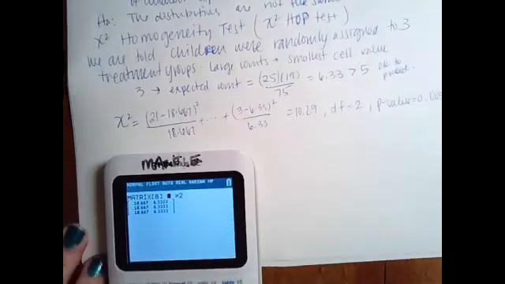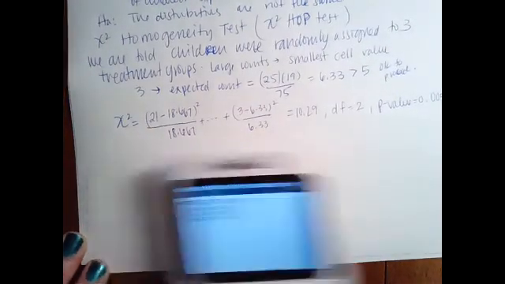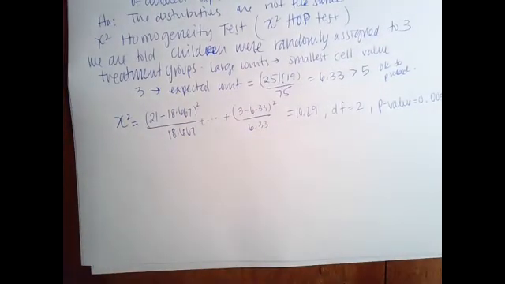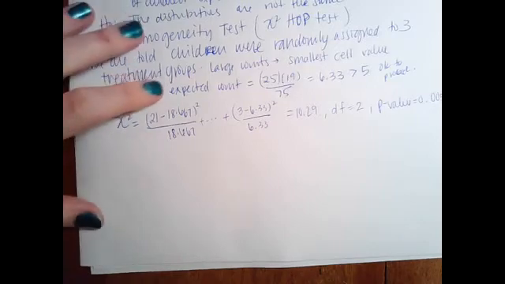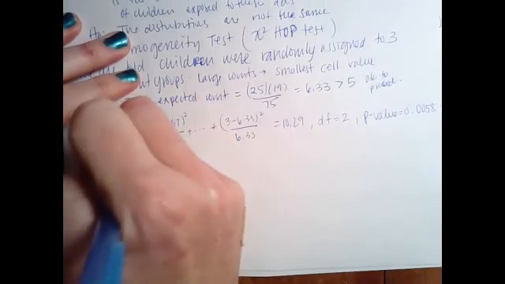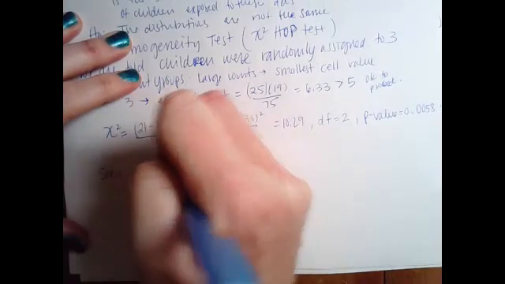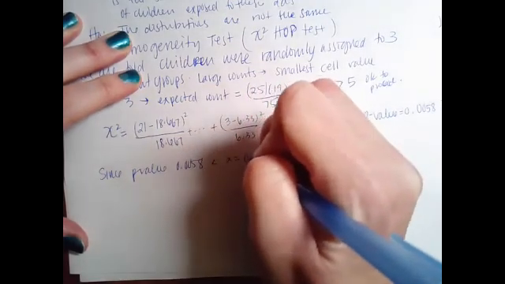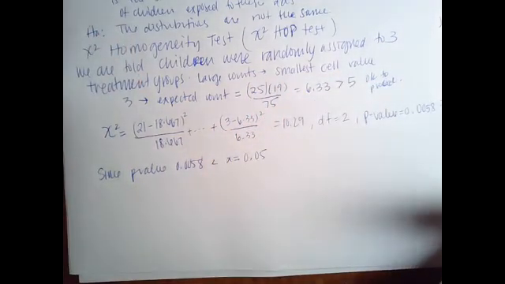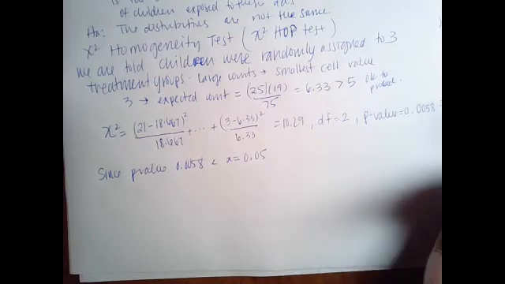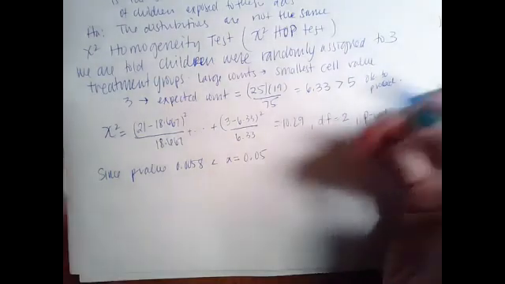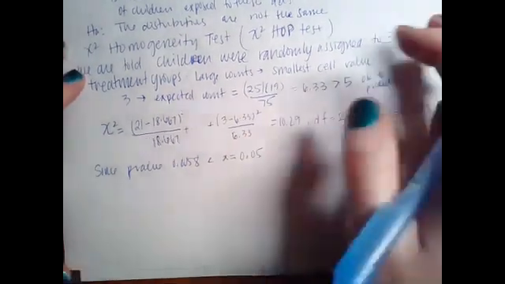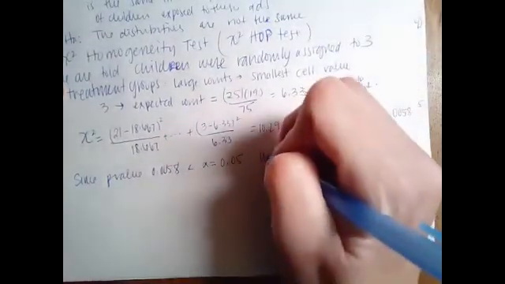Okay, so now it looks like I know what I'm doing. All right, and so then this is very small, so we're going to reject the null. All right, so since the p-value 0.0058 is less than alpha value of 0.05, I didn't say, but you know, it's an appropriate alpha value, then we reject the null.